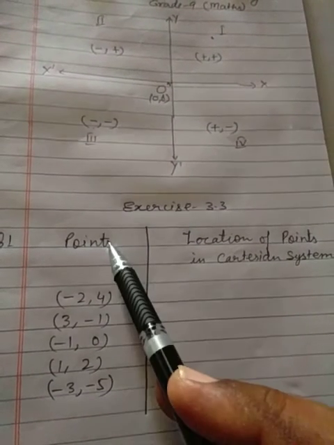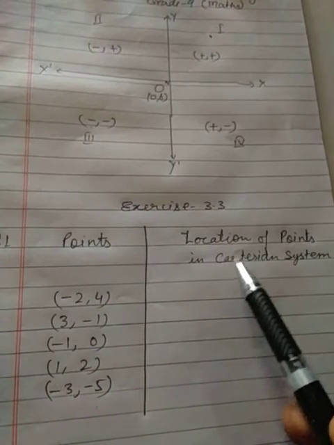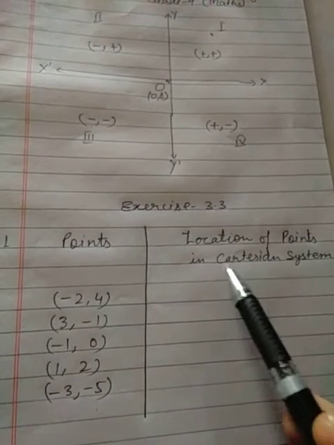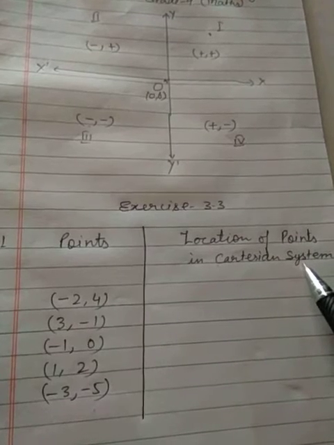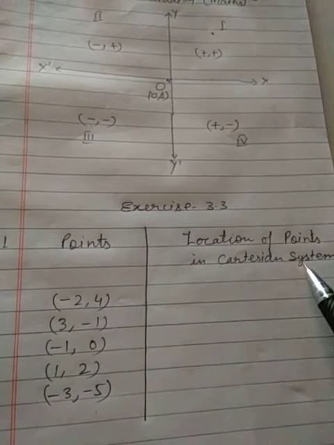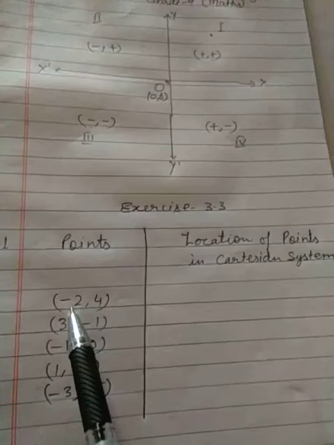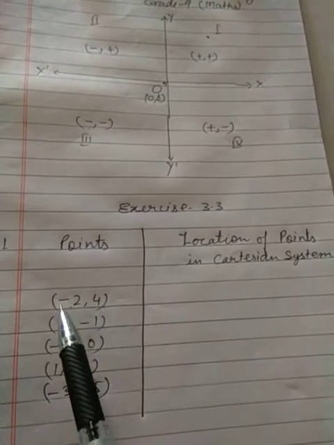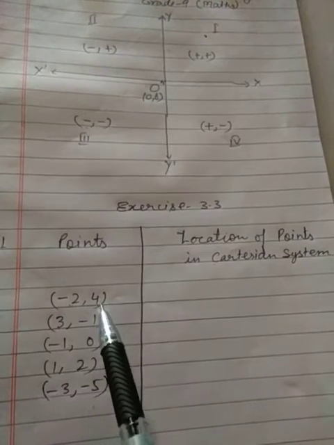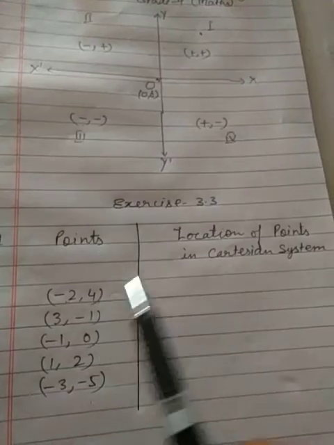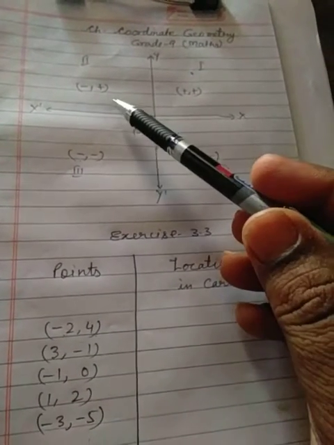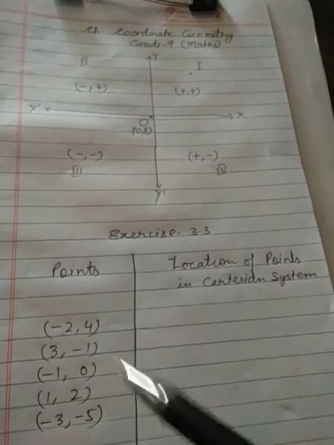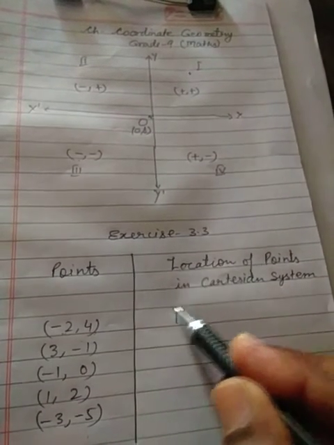On one side I have noted down the points, on the other side this is the location of the points in the Cartesian plane, or you may say Cartesian system. Okay, got it? So locate minus 2 comma 4: abscissa is negative, ordinate is positive. It is very clear. See this one, minus comma plus, so definitely this point should be in which quadrant? Second quadrant.